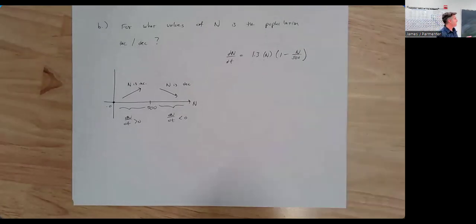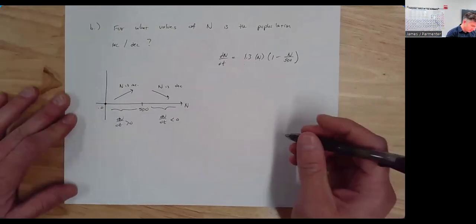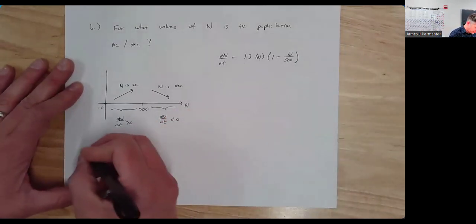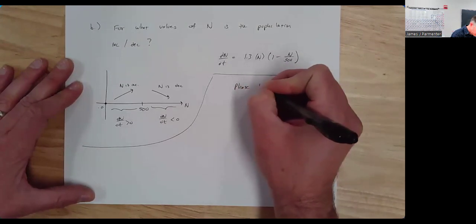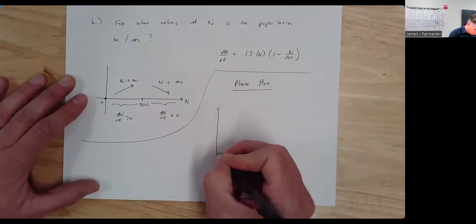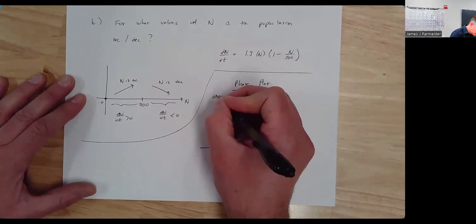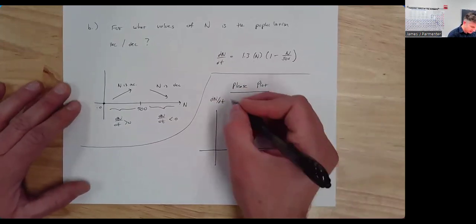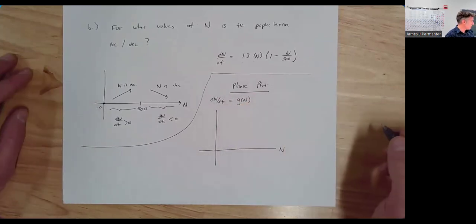Let's go ahead and draw the phase plot, because this is not what the phase plot is going to look like the way I've drawn it over here. When you draw the phase plot, you're graphing n on your horizontal axis and dn/dt on your vertical axis. We often think of dn/dt as g of n, where g is a function of n.